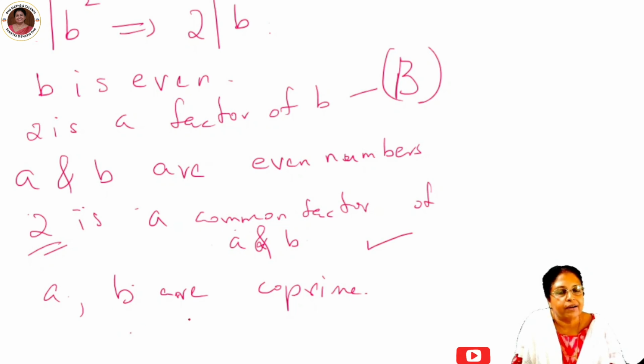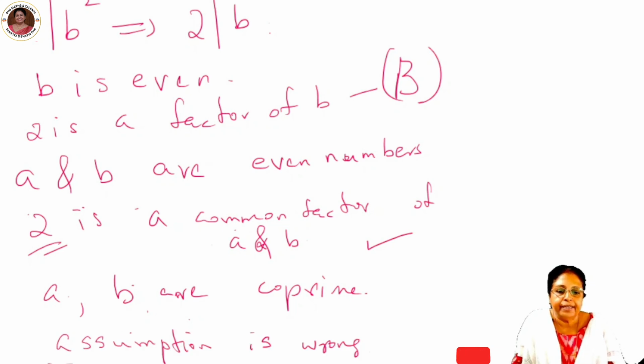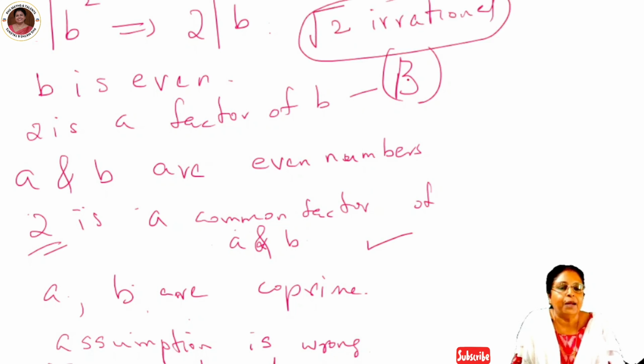Why did we get a contradiction? Because our assumption was wrong. Our assumption was root 2 is rational. That assumption is wrong. So we can say root 2 is irrational. That means we have proved that root 2 is irrational.